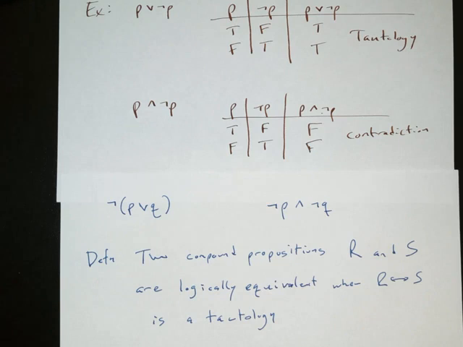So instead of building two separate truth tables and comparing them, I build one truth table for a bigger statement.